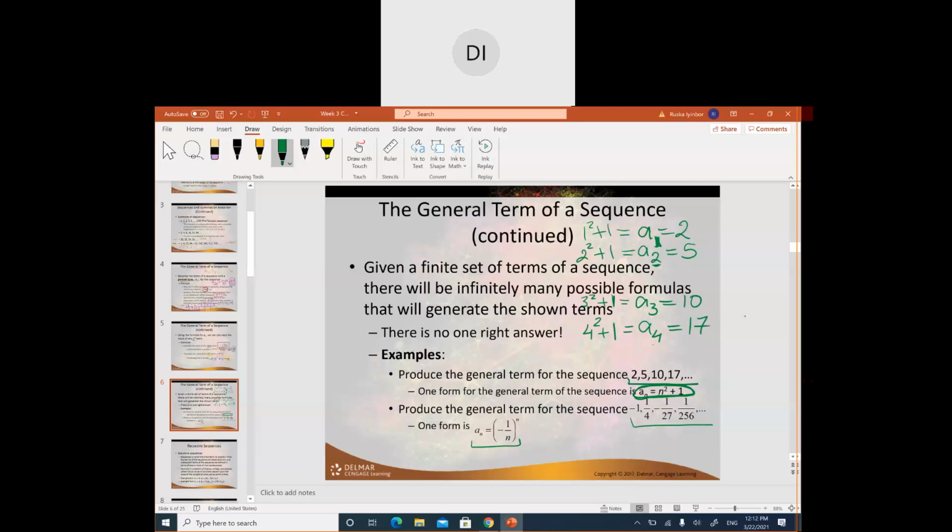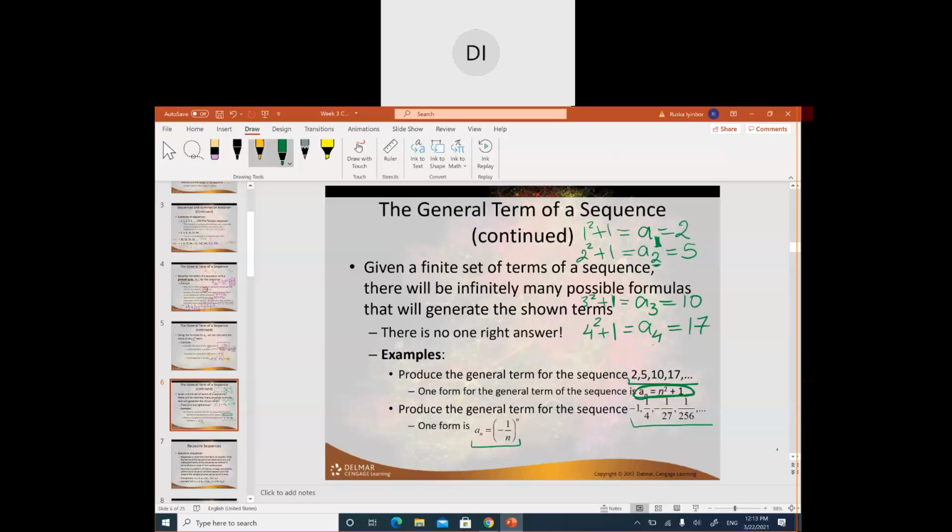Oh, is it not a linear equation? What is it then? Oh, I just tried to find the formula for 2, 5, 10, 17, etc. You're trying to find another formula? Yes? Okay, you can find another formula, but it has to be in terms of n. Oh, I see. Gotcha. Yeah, it has to be in terms of n.